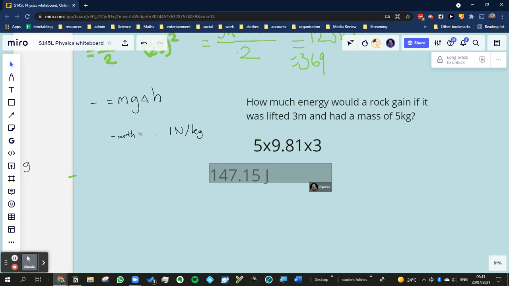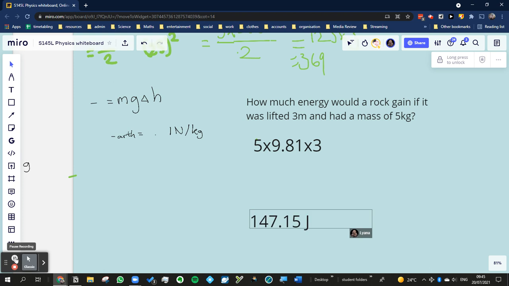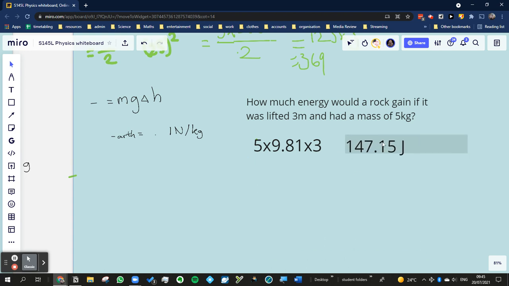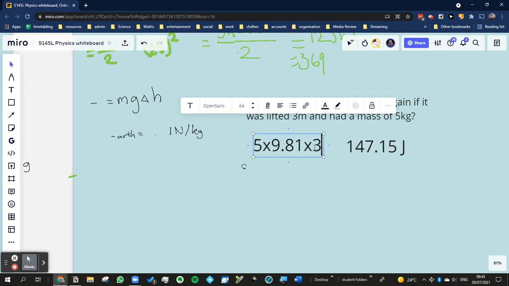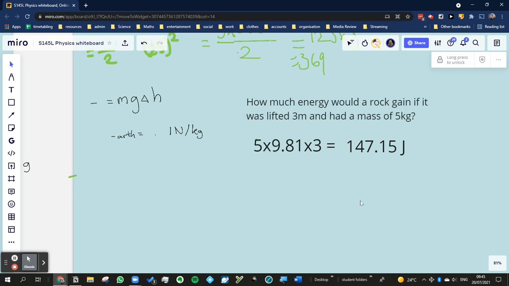So the amount of gravitational energy it has is 147.15 joules.